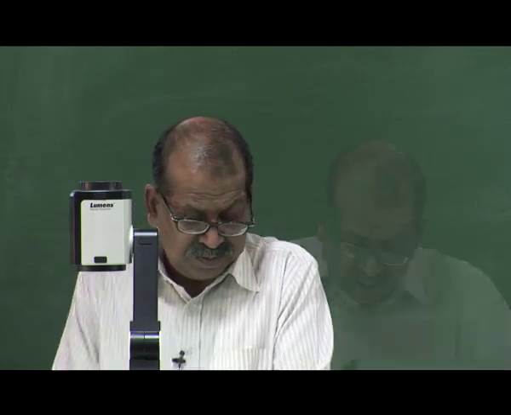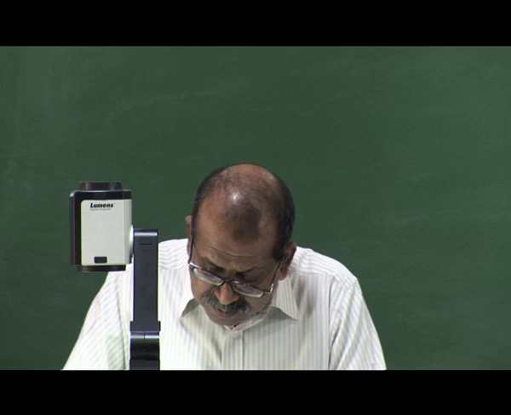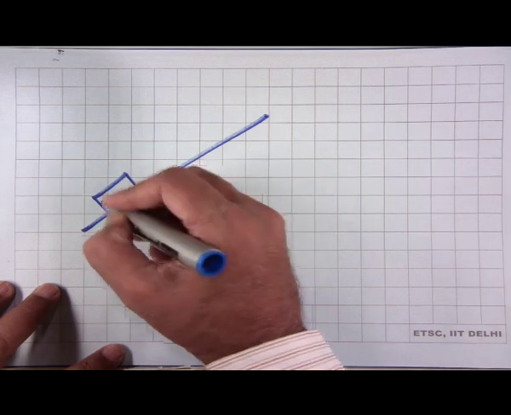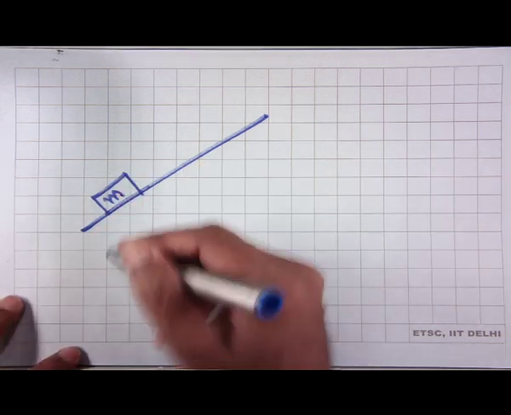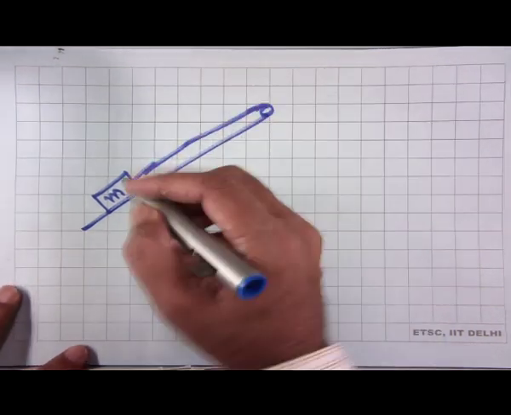Maybe we can have a look at another example where we have an inclined slope, with a block of mass m, which is being pulled with a string over a pulley.